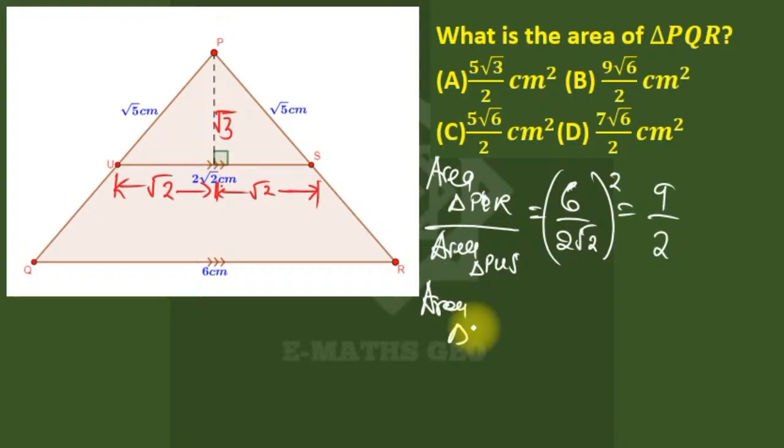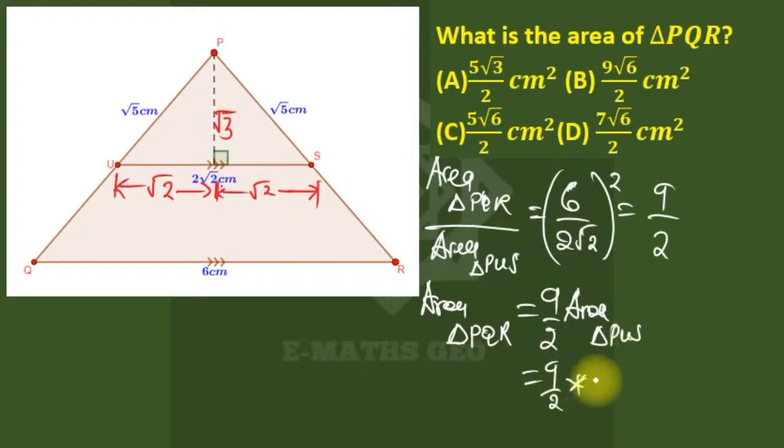We are looking for the area of PQR, which is now 9 over 2 of the area of PUS, and this is equal to half of half.